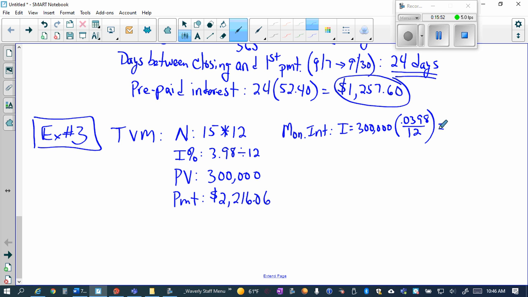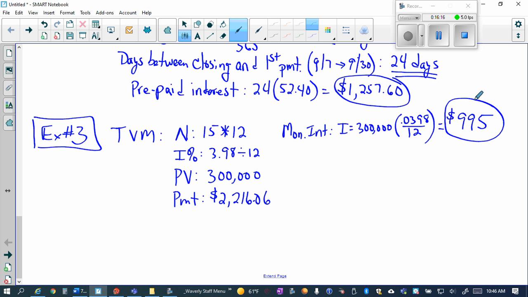And you can just put that in your calculator and get $995. Okay? So of that payment of $2216.06 per month, this first payment has $995 of that being interest.